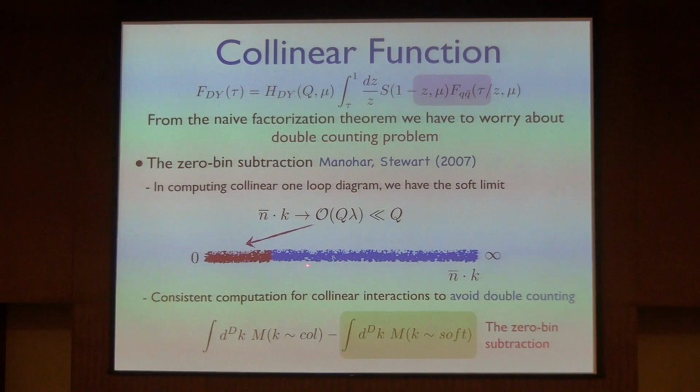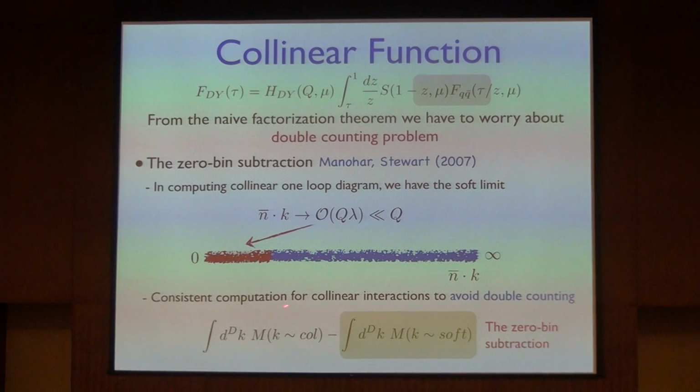For example, if we perform the collinear one-loop calculation, this collinear loop momentum can always be taken as order Q, right? However, this loop momentum can run from 0 to infinity. When this loop momentum is around 0, the collinear loop momentum becomes soft. So in actual computations, we have to subtract that kind of double counting.